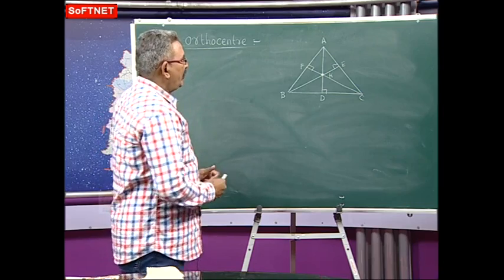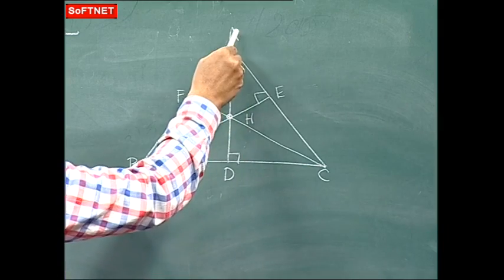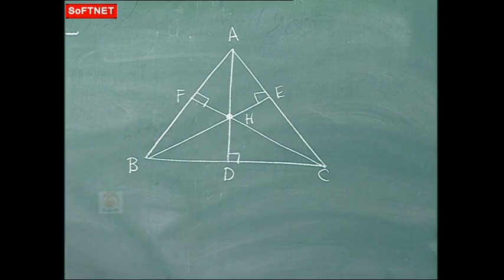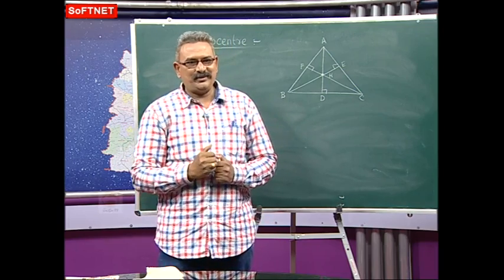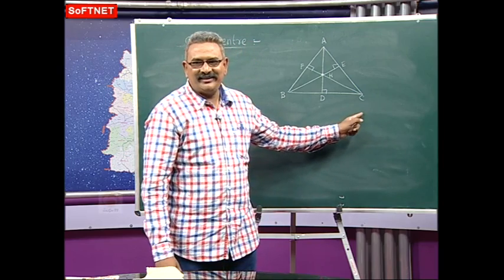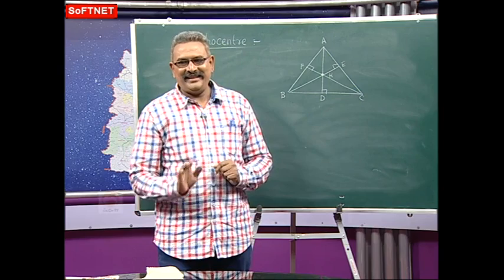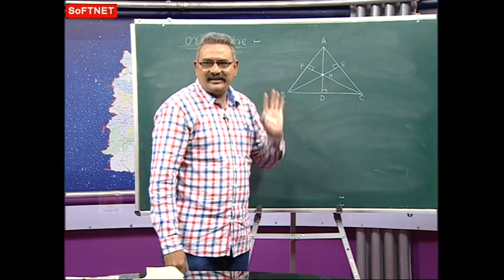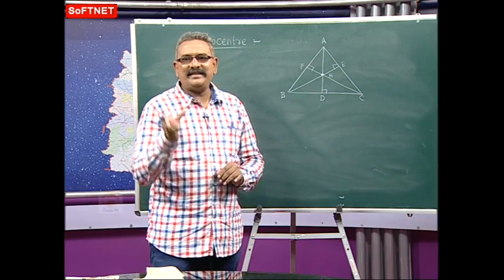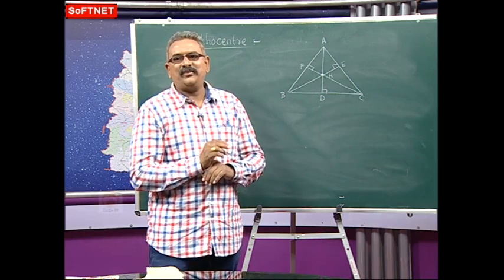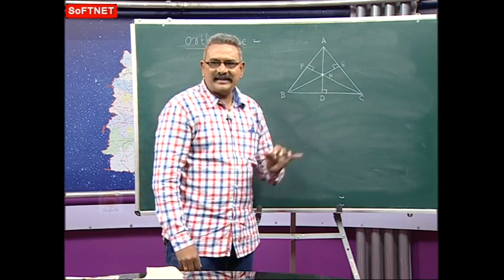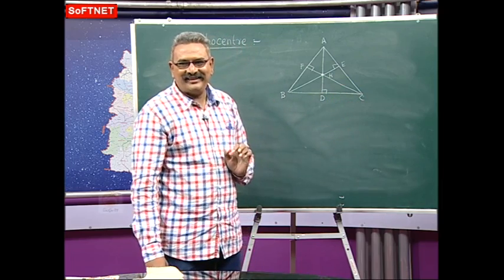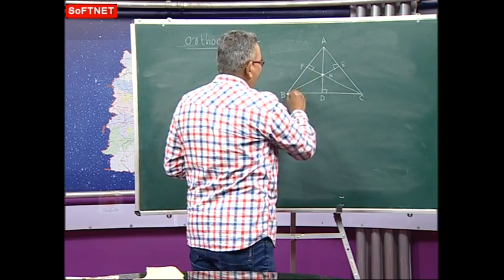Suppose two vertices A, B and the orthocenter are given. Now how to find the missing third vertex? See, here one logic is there. Suppose A, B, H are given, and we are asked to find the missing vertex. In order to find the third vertex, it is very simple. The third vertex is the orthocenter of triangle ABH.